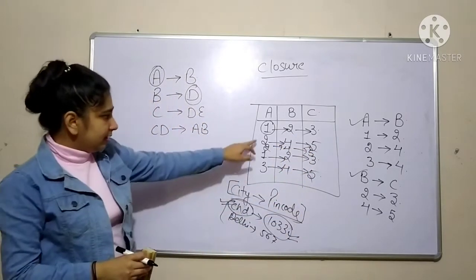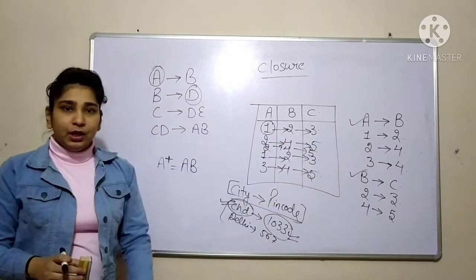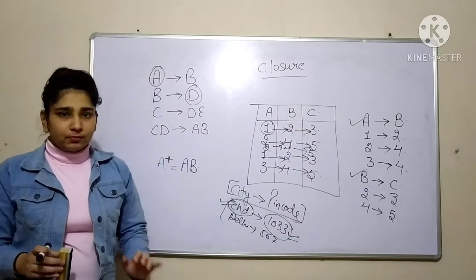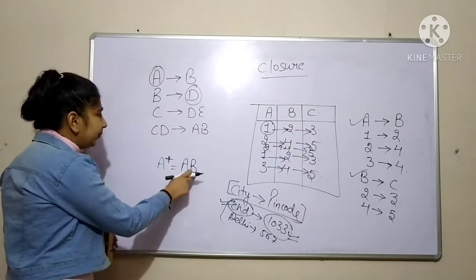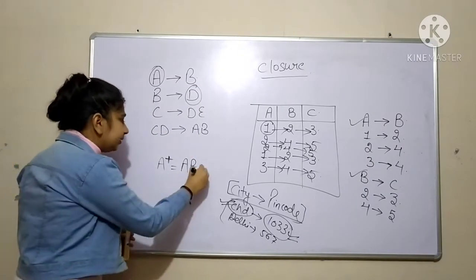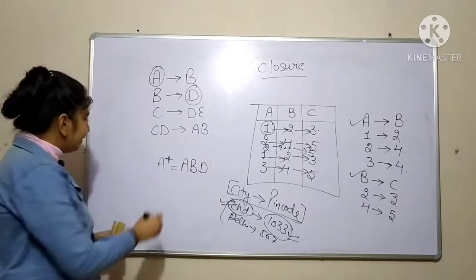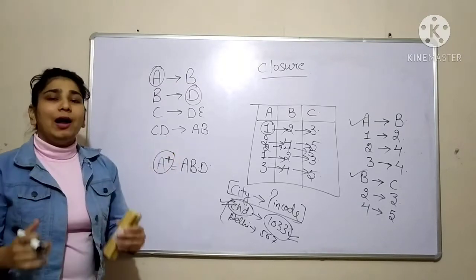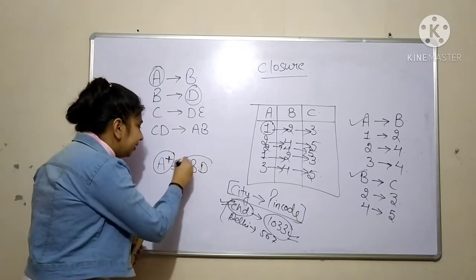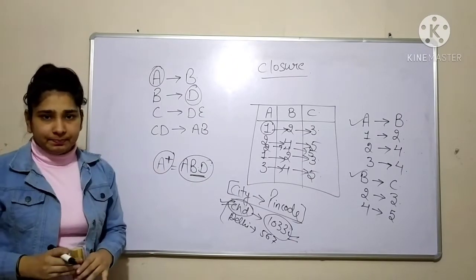If A is functionally dependent on B, and B is functionally dependent on C, then definitely A is functionally dependent on C. So with the help of B you can determine D, and with the help of A also you can determine the value of D. If you are given the value of attribute A, you can determine B and D from it.